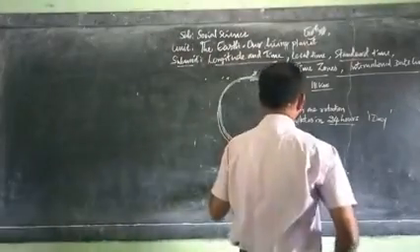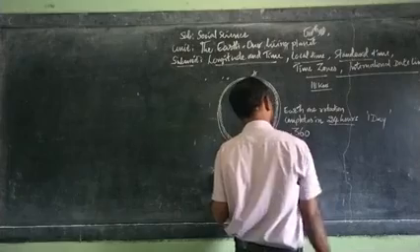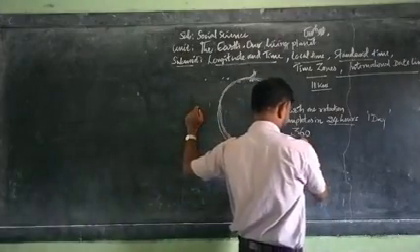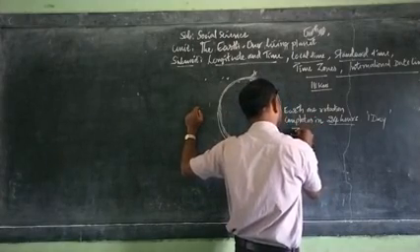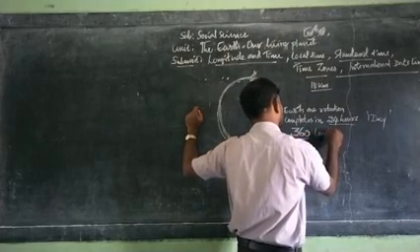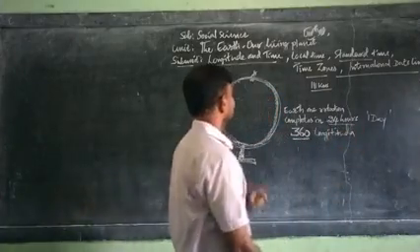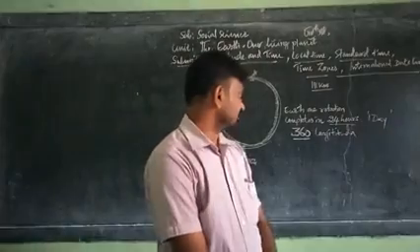Please observe this, dear friends. There are totally 360 longitudes. It means within 24 hours, 360 degrees are covered.